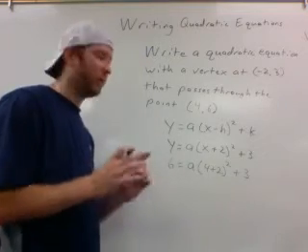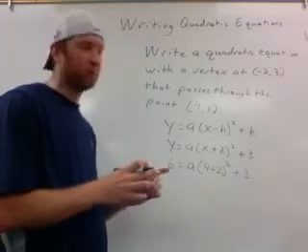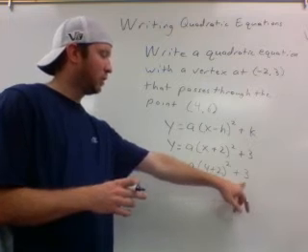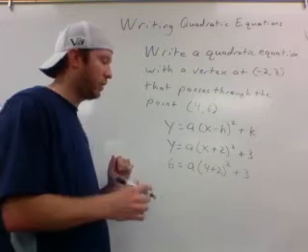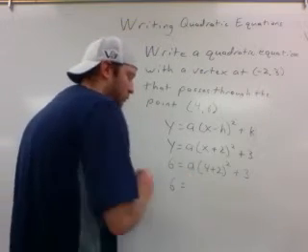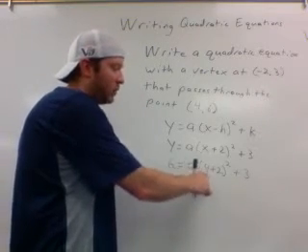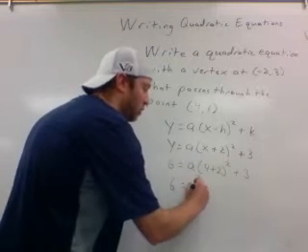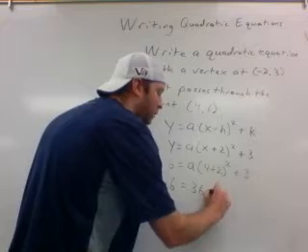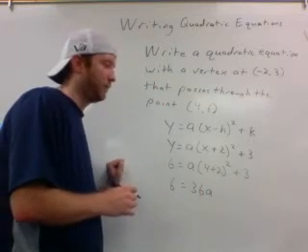Now here's where I have to be very careful about order of operations. So first thing I'm going to do is add these together. So 4 plus 2 and square it. So I get 6 equals a times, well 4 plus 2 is 6. 6 squared is 36. So this is 36 times a, or 36a.